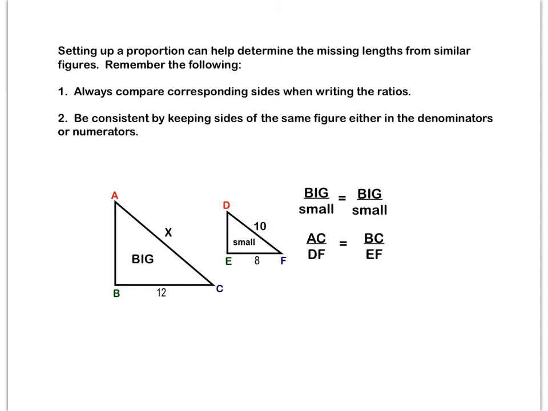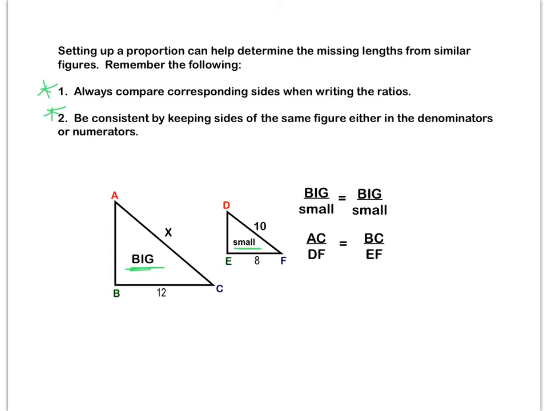All right, we are going to need to set up proportions to help us figure out missing lengths from similar figures. And when we do that, we always need to compare corresponding sides when writing the ratios. And then we always need to be consistent by keeping sides of the same figure either in the denominators or numerators. So one of the things that they did here is they were like, okay, well, triangle ABC is obviously the big triangle, and triangle DEF is the small triangle.